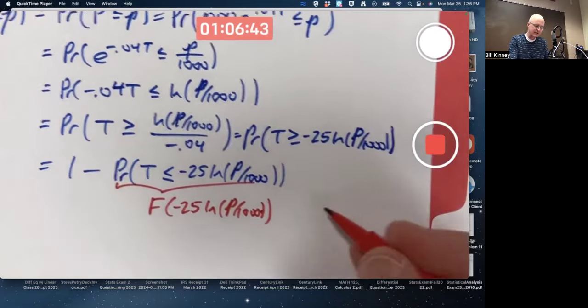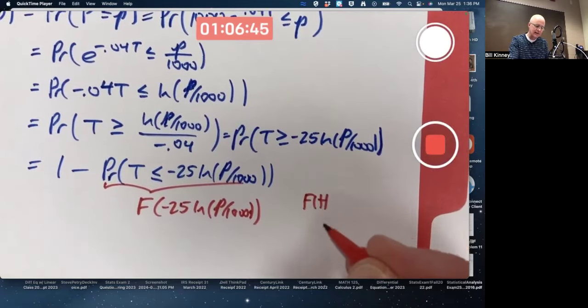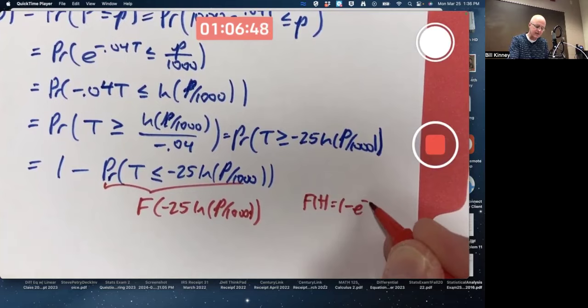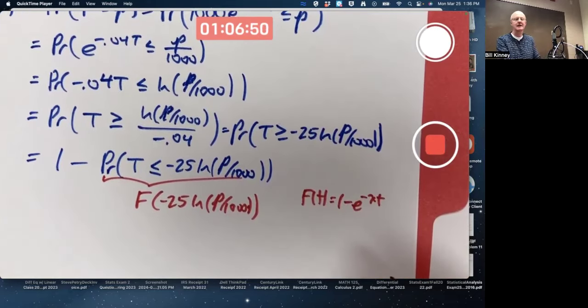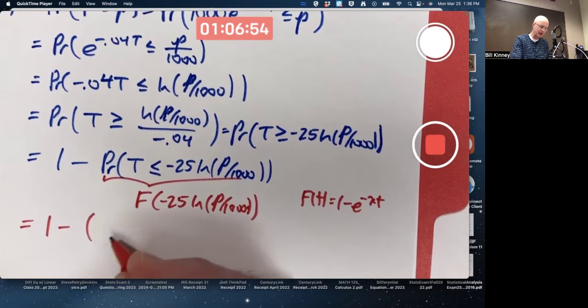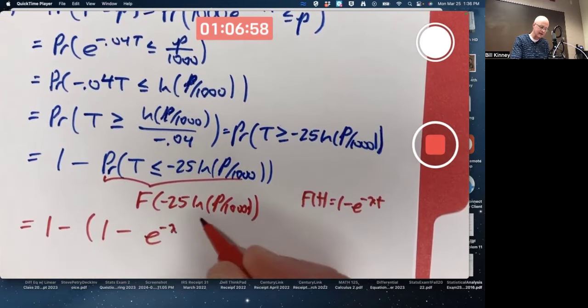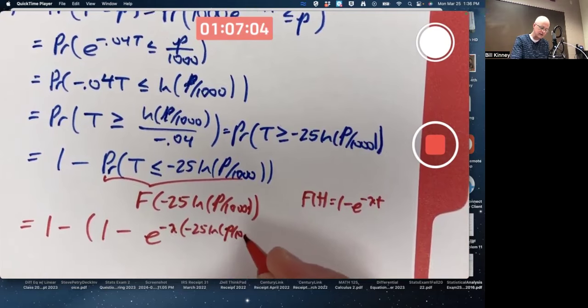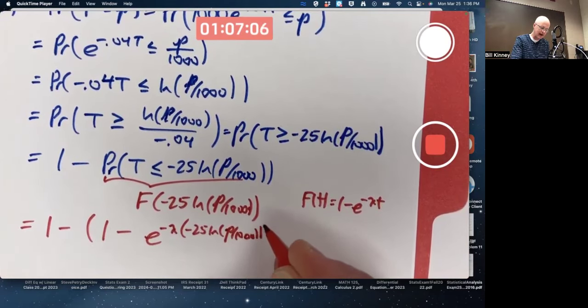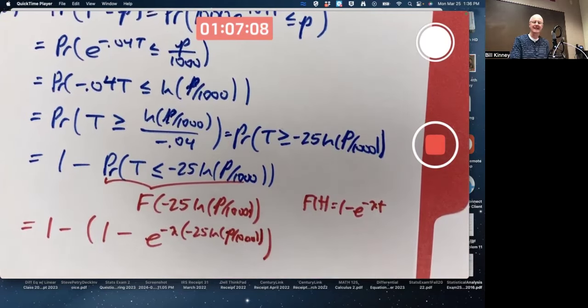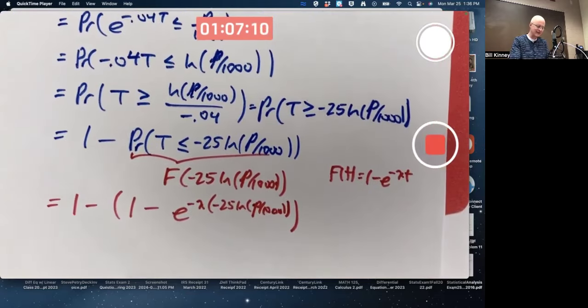What is capital F of T? That was 1 minus e to the negative lambda t. Use that. This now becomes 1 minus, in parentheses, 1 minus e to the negative lambda times negative 25 ln of p over 1,000. Distribute the minus sign through, the ones cancel.